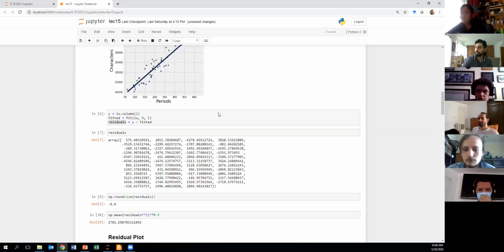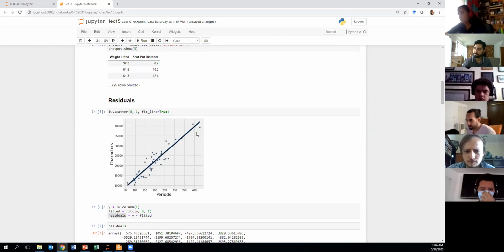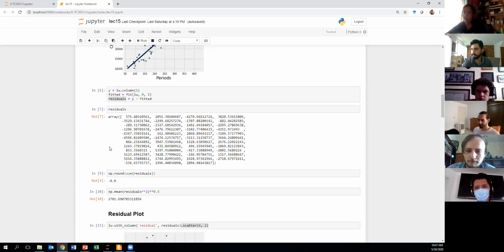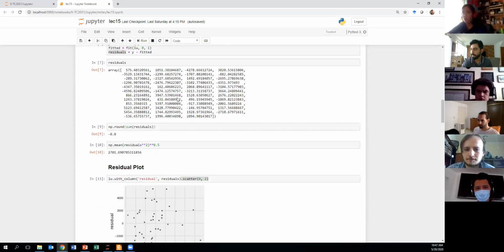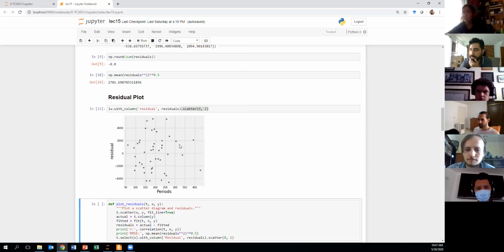There was a pretty close linear relationship between these two, the period and the characters. So for something like that, you get a residual plot of cloudy scattered data.